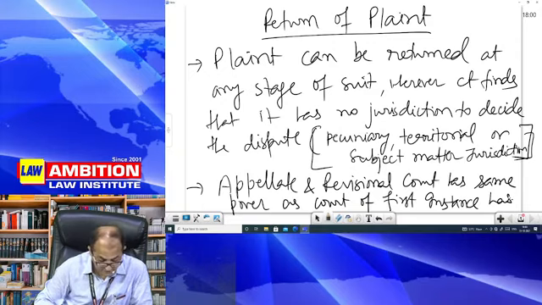It says, for the removal of doubts, it is hereby declared that a court of appeal or revision may direct, after setting aside the decree, the return of the plaint under this sub-rule.